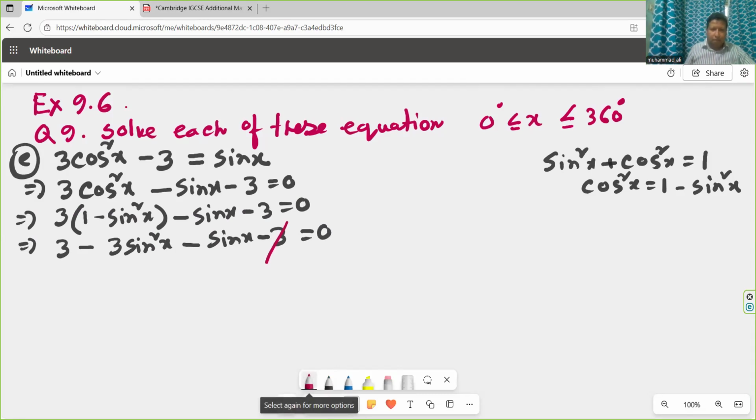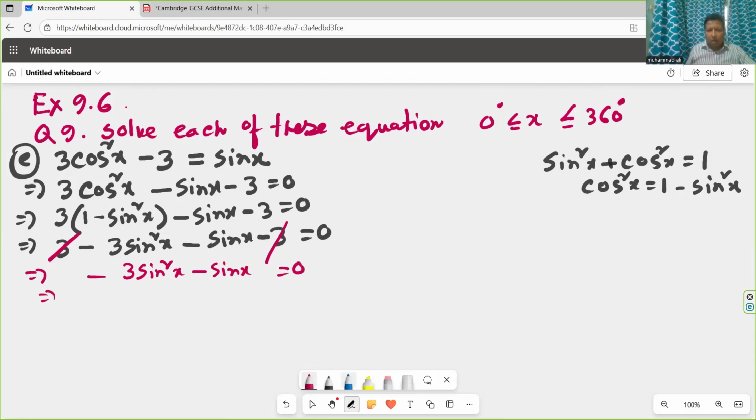Now cancel minus 3 plus 3. So minus 3 sine square x minus sine x equals 0. Now multiply by minus: 3 sine square x plus sine x. Now we take common sine x, so it will be sine x times 3 sine x plus 1 equals 0.